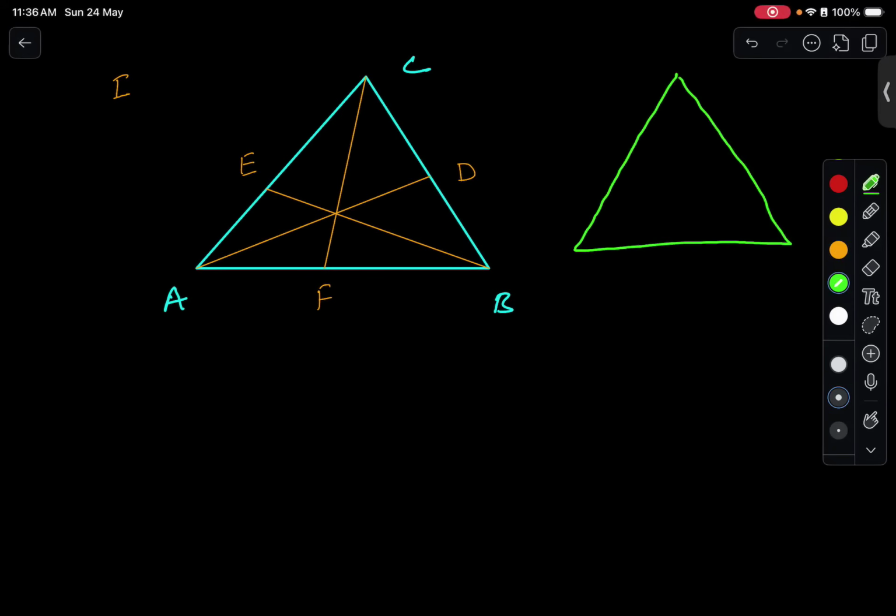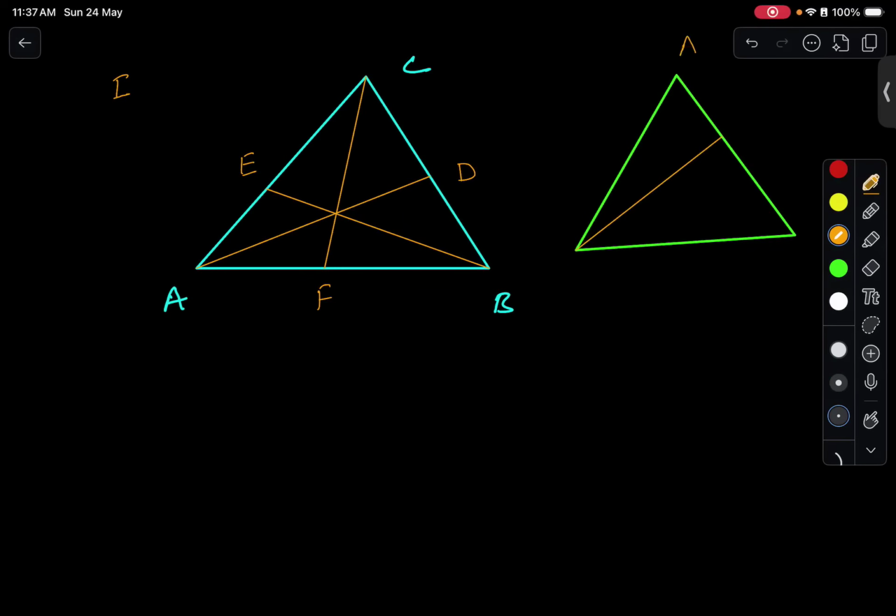will be there, but this time the Cevians are there, but they are not concurrent. Let this intersect at this point. Again, A, B, and C, D, E, and F. This time, can you see?